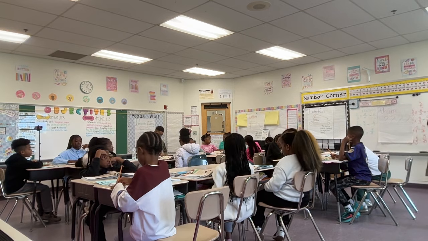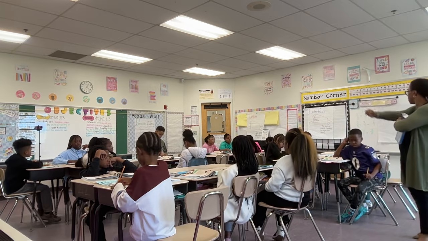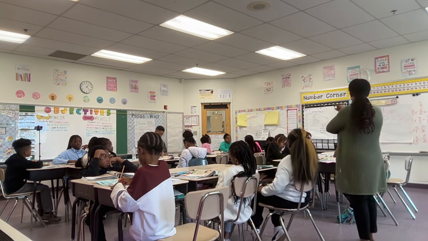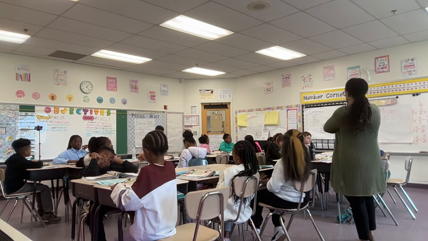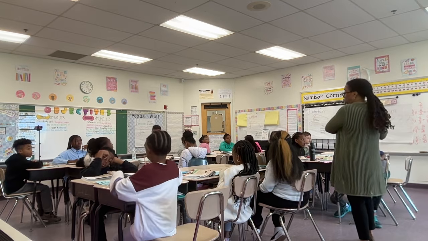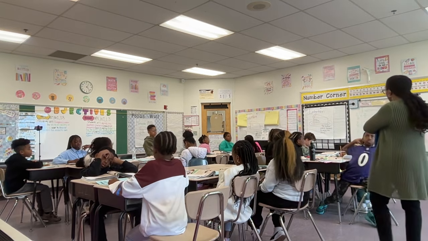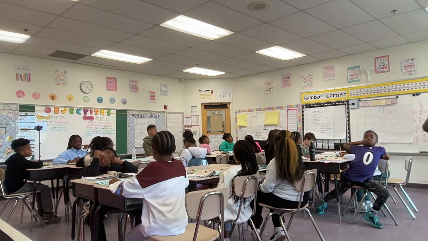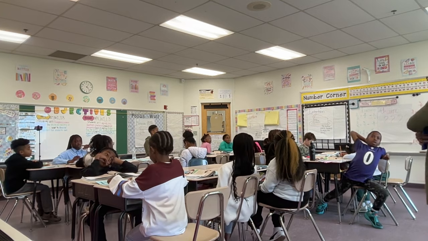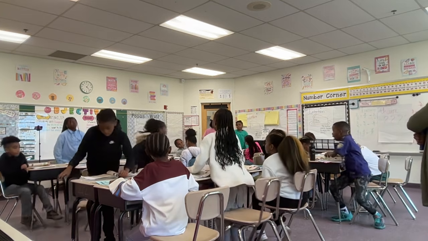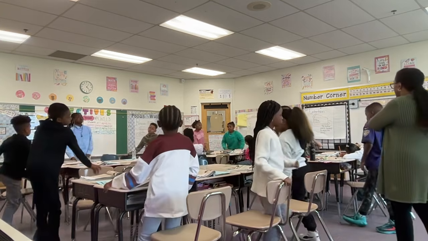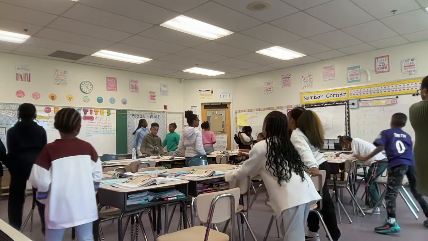Was it to persuade us, to inform us, to entertain us, or you just don't know? Because sometimes we just don't know. Now that we've read some of our story, stand up and I want to see if you have the same opinion. 10 seconds to find the corner.